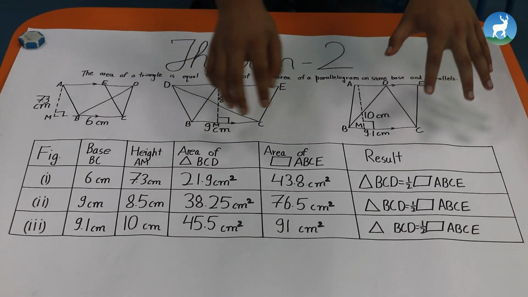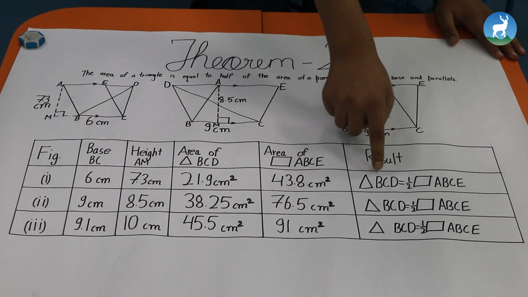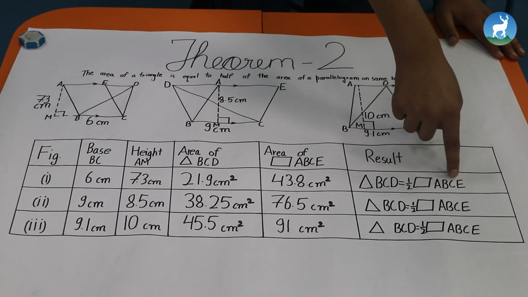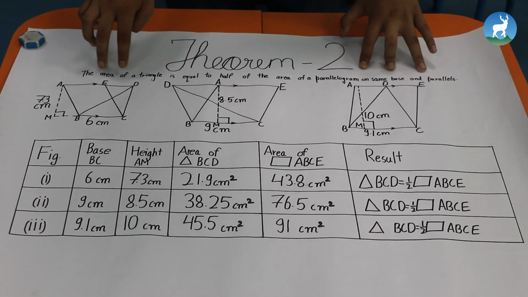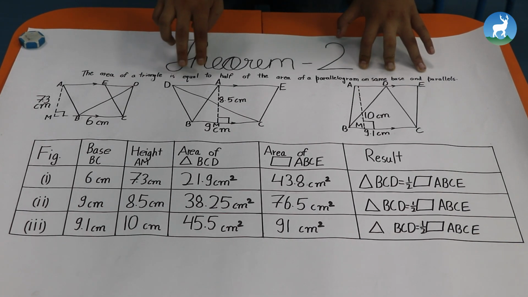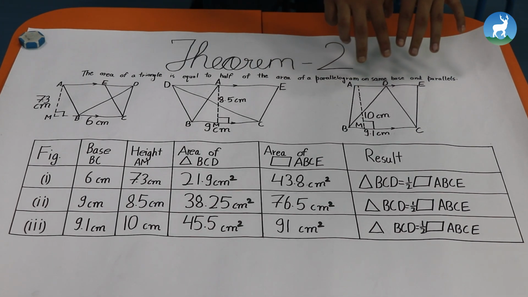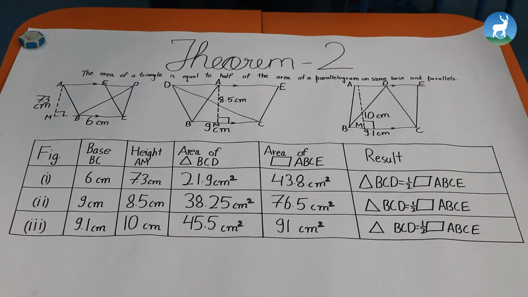So this shows that the area of the triangle BCD is equal to half of the area of the parallelogram ABCE, which again verifies the statement: the area of a triangle is equal to half of the area of a parallelogram on the same base and between the same parallel lines.